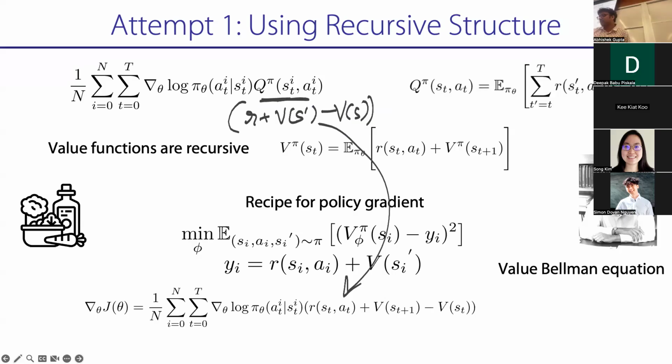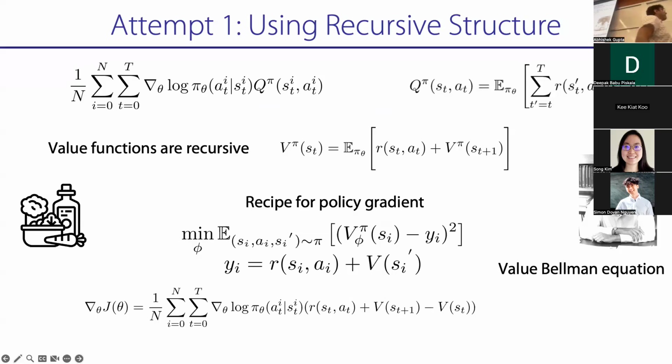Yes. So for the minimization equation, the theta is the one from the neural net, and the y_i is the one we get from the R plus V target?